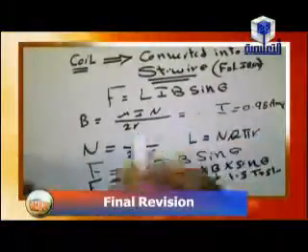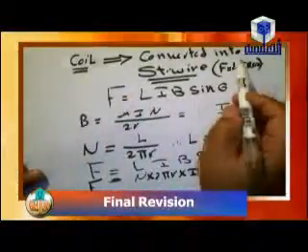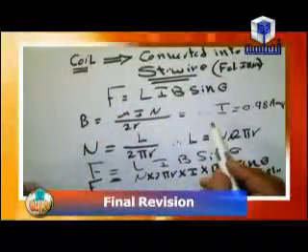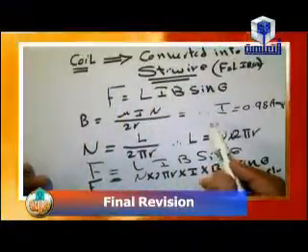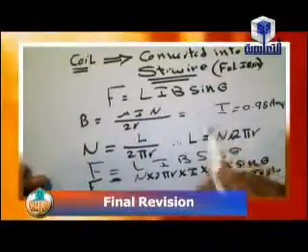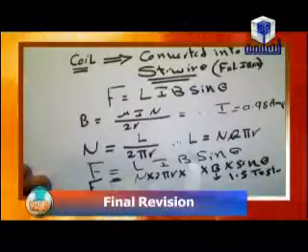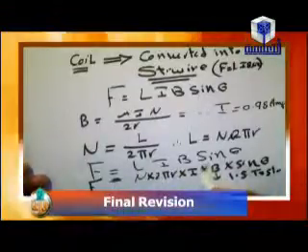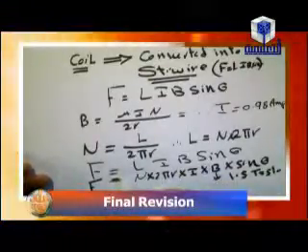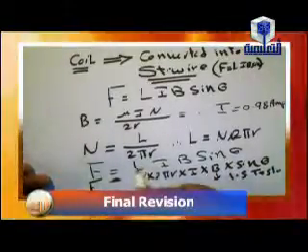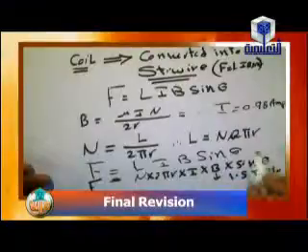So we change the coil into a straight wire. First we get the current passing in the coil, and after this we get the number of turns. From the number of turns we get the length of the wire, and after we get the length of the wire, we have the magnetic flux density, and then we find the force acting on the wire by using the law F equals LIB sine theta.